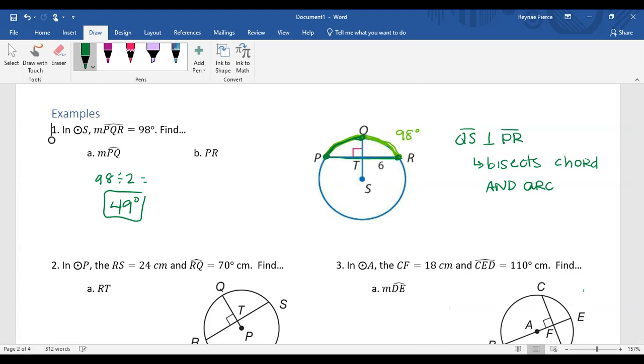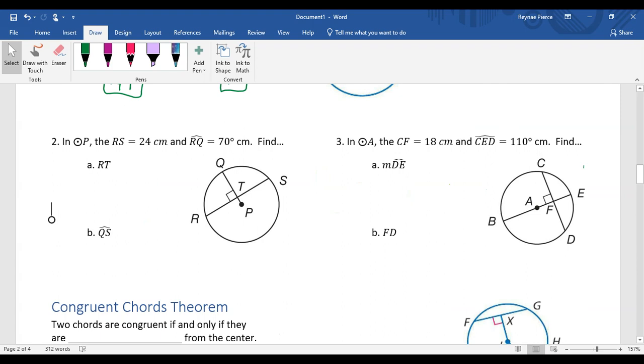PR is the entire length of the chord. Since it is bisected and TR is 6, PT is also 6. So 6 plus 6 gives us 12. Again, try examples 2 and 3 on your own. Use the information that's given to you in the problem, and we will talk about them in class if we need to.